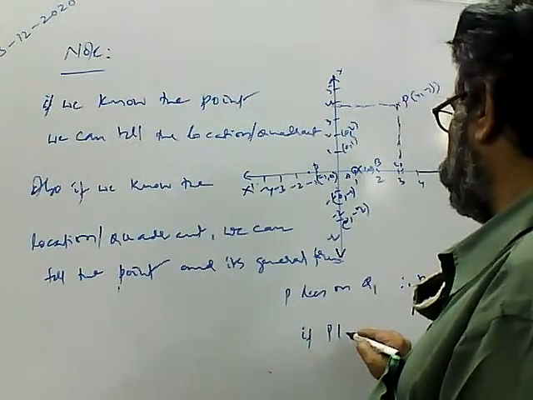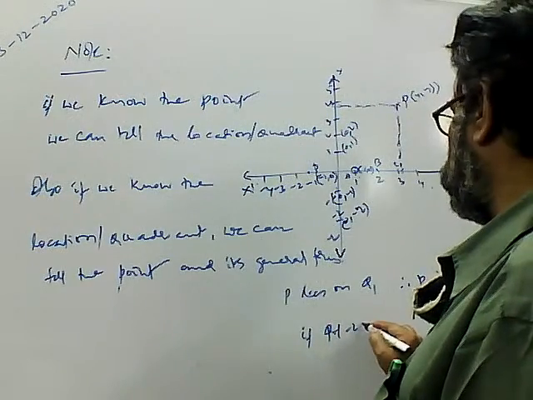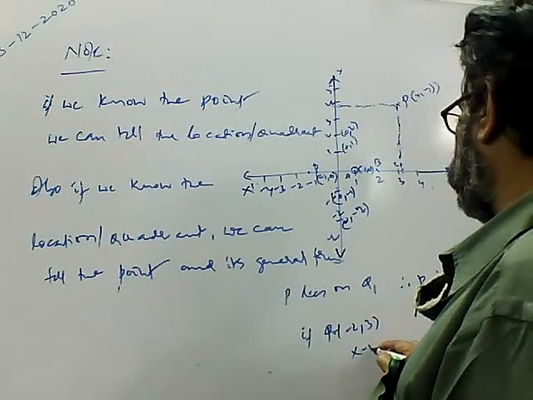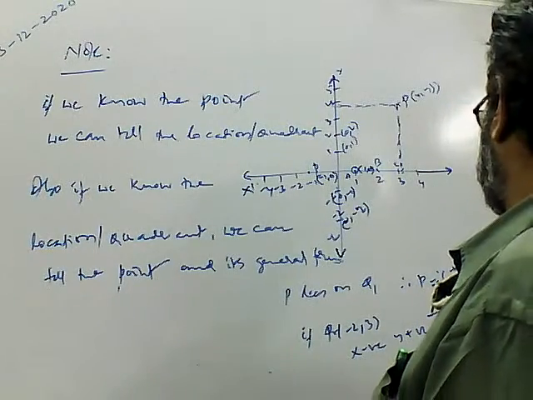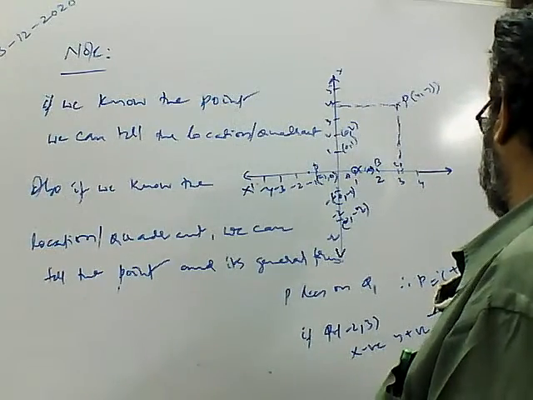Suppose Q is equal to minus 2 comma 3, so x negative, y positive. So Q lies in quadrant 2. Like that we can say.